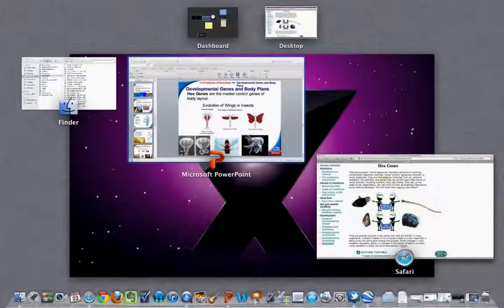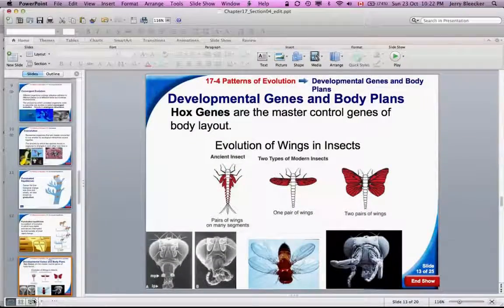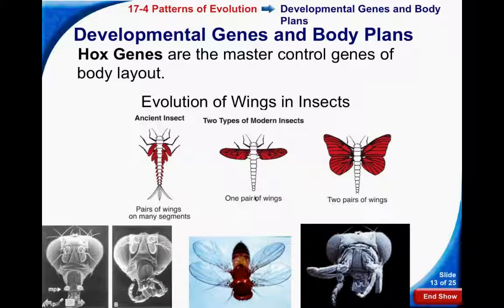In your slideshow, what they're talking about is that Hox genes are more evidence of evolution because they lay out our body plan. And if there is a major problem with your Hox genes, like getting a leg on your face, like this little fella had here, then that can suggest something more startling going on in evolution, a larger change.